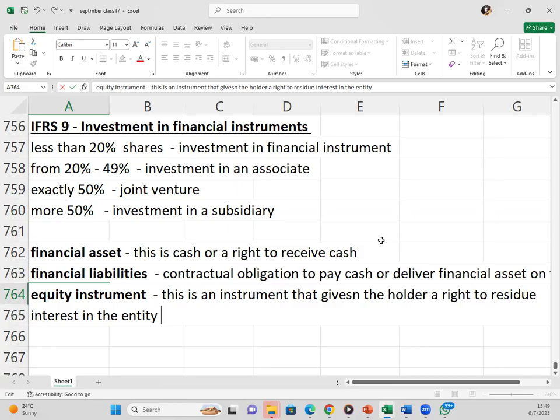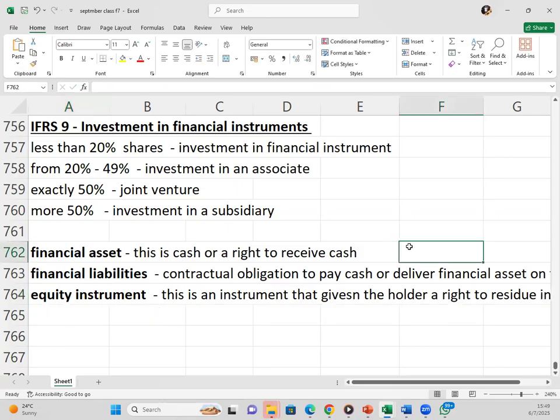So a financial asset, let's say we have issued a loan. We are the ones that have given out a loan. We have loaned money, not the ones receiving the loan. So what happens if you give someone a loan?